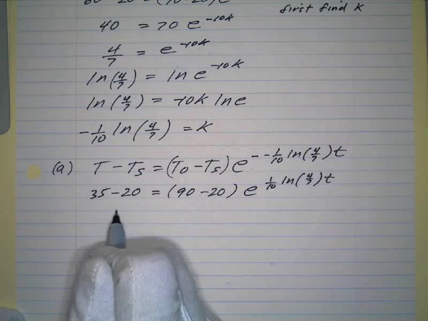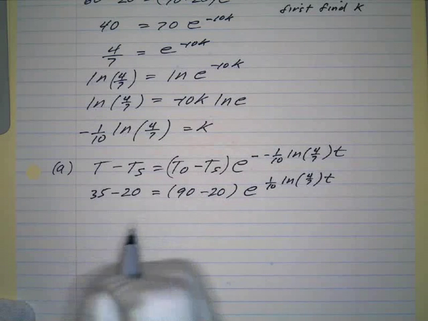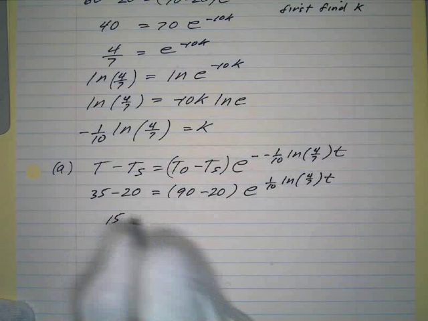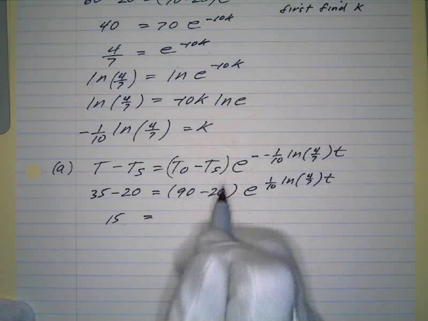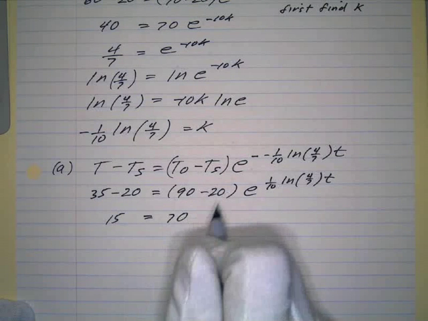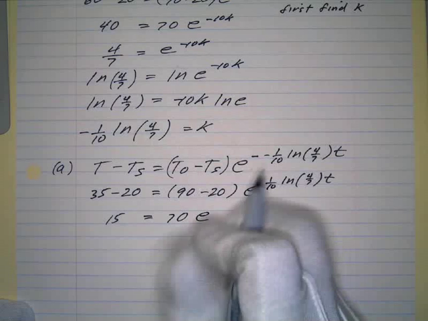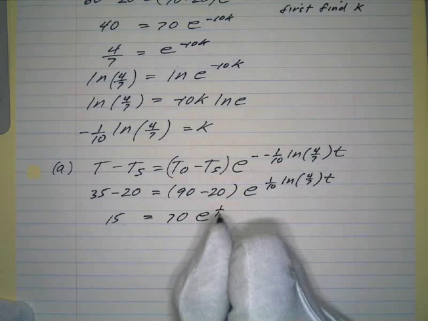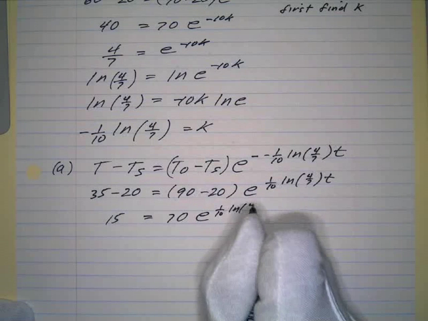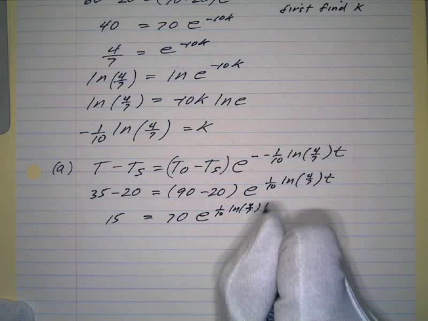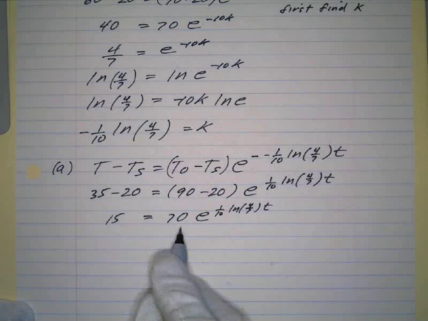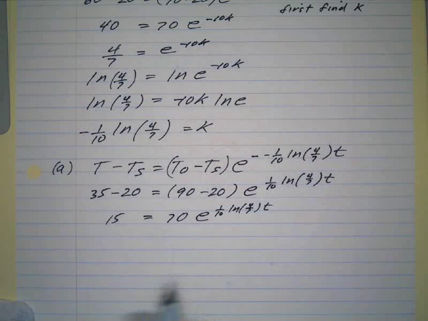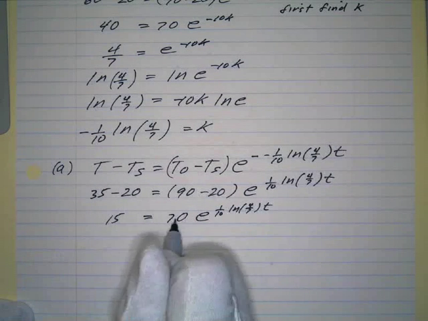is going to be 15. And this again is still 70, 90 minus 20. And then again e to the 1/10 natural log of 4 over 7 t. Then you can divide both sides by 70, pardon me.